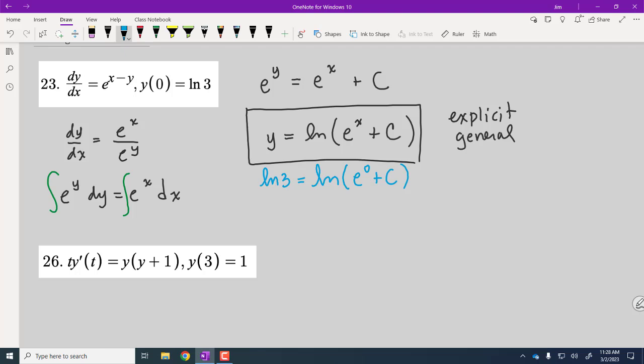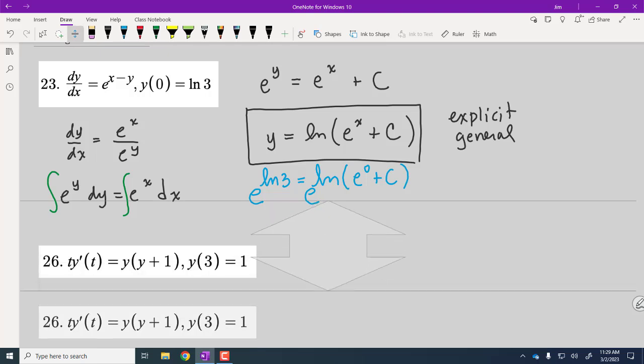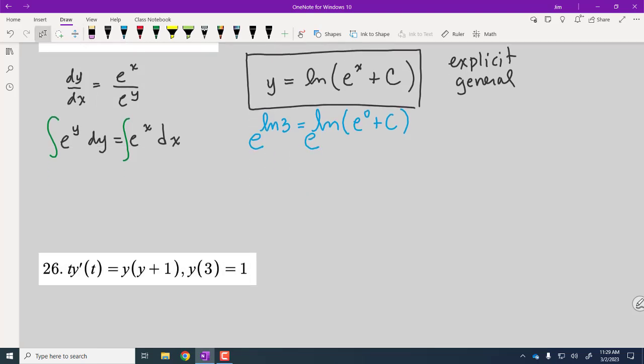I mean, essentially that's what happens, but don't do something like this. We are not dividing out ln. The mathematical way is to exponentiate. So we put each of them as an exponent on e. That's called exponentiation. When we exponentiate the left side, this becomes just 3. When we exponentiate the right side, it becomes 1 plus c.